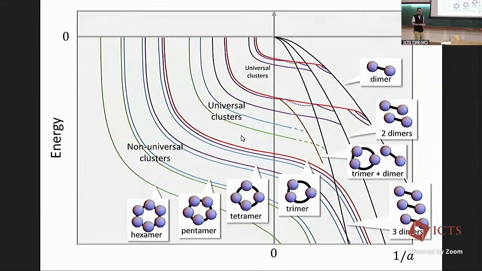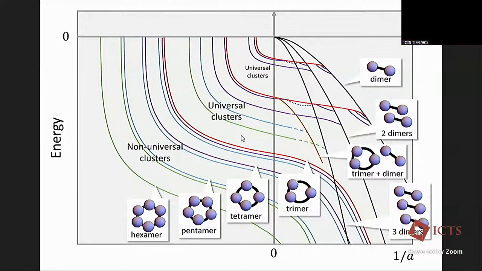So the interaction strength increases from left to right, and all the lines you are seeing resemble states in the respective systems.